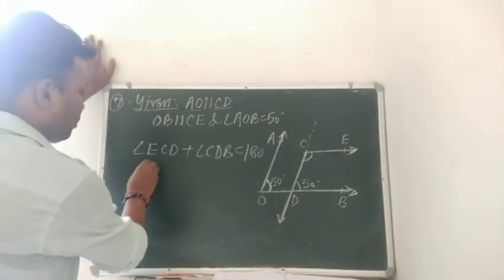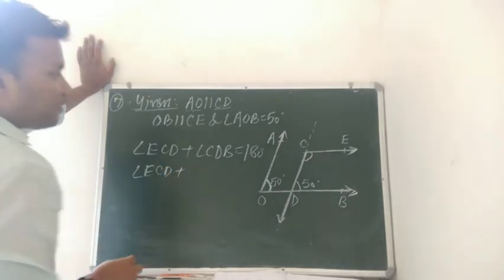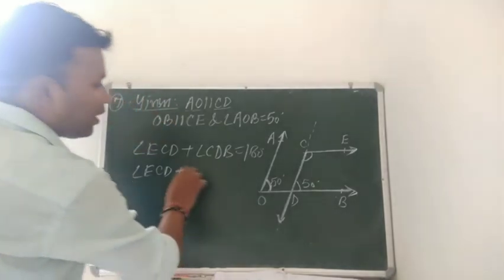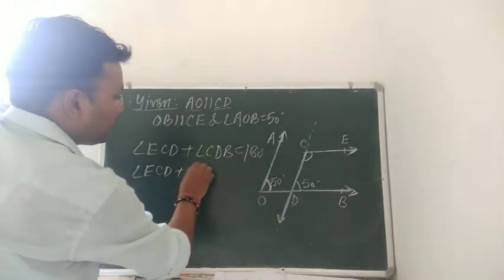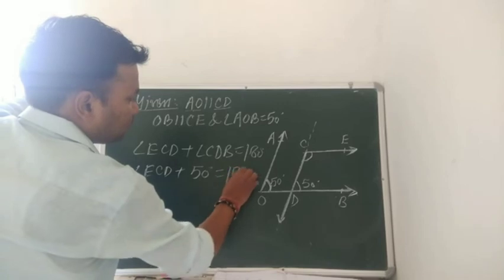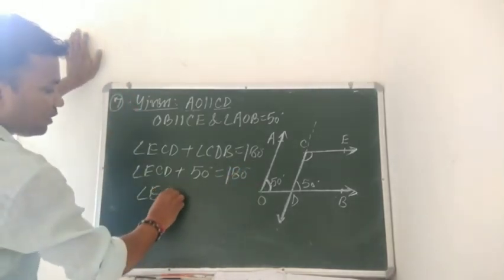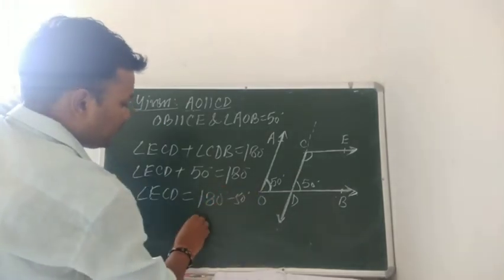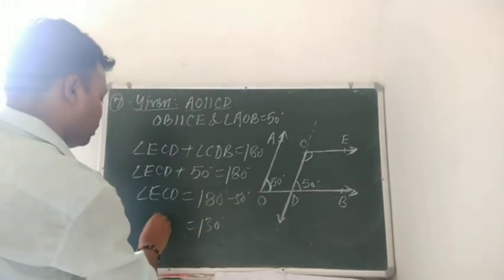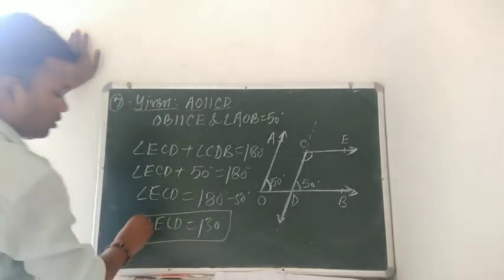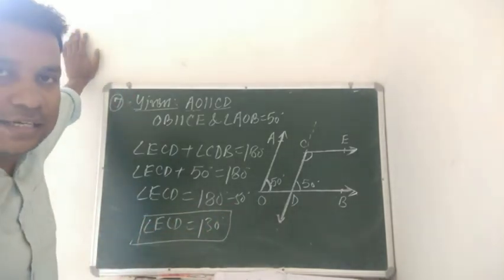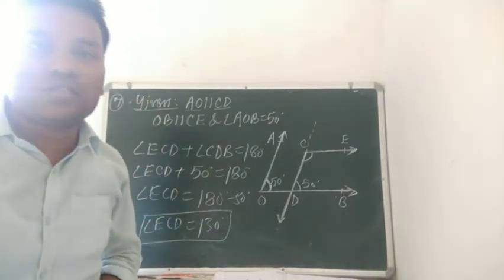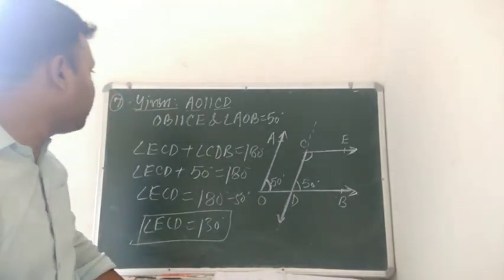And the value of CDB we have already found. The value of CDB is 50 degrees. So the value of angle ECD will be 180 minus 50 degrees, that is 130 degrees. Hence the required angle ECD will be equal to 130 degrees. So student, this is all about question number 7.